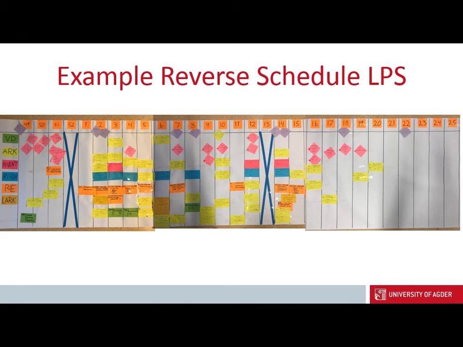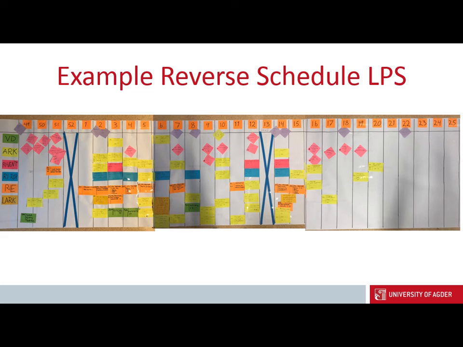This is a picture from a reverse scheduling process in the last planner. This is very fruitful for many purposes, but what is a challenge here? And this is a quite simple example; it could be much more complex. The challenge is to see the structure. What are the interdependencies here?